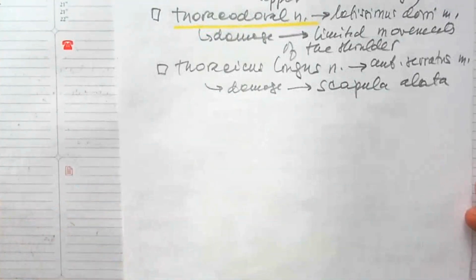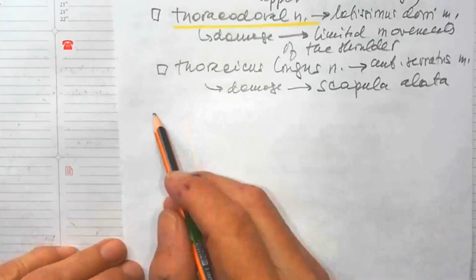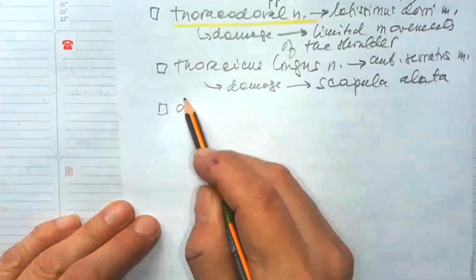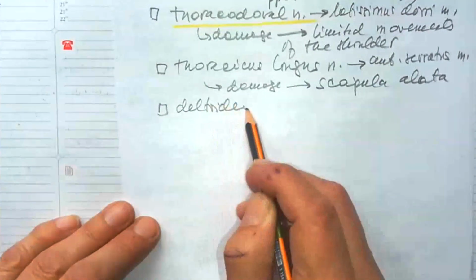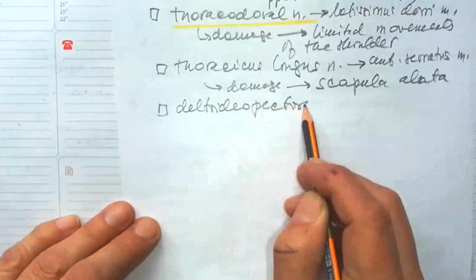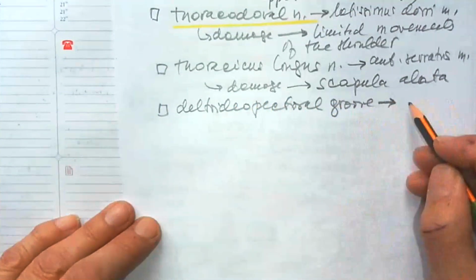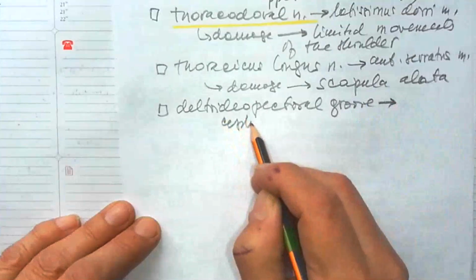Very important topographical structures. And the last point, just to know that there is the deltoideopectoral groove, sulcus, and it contains the cephalic vein.